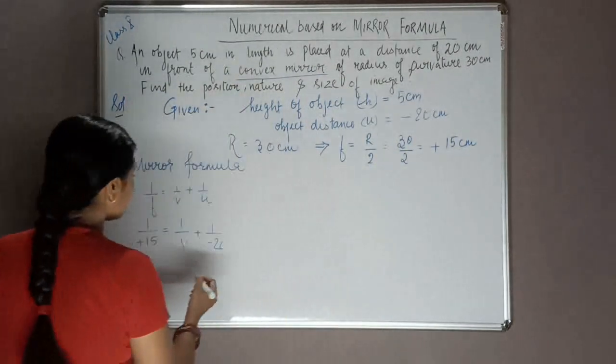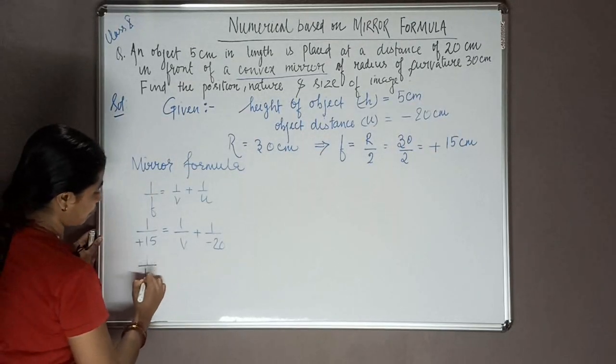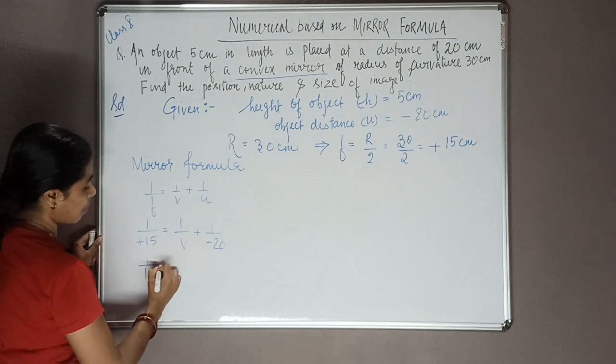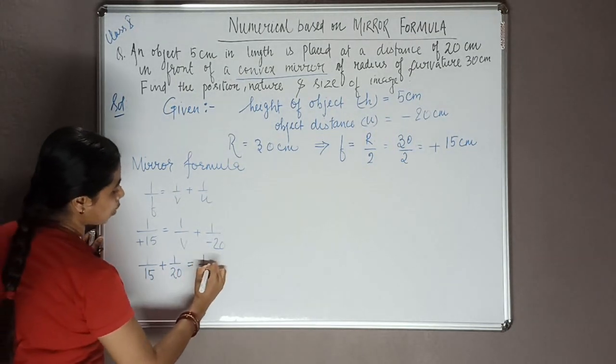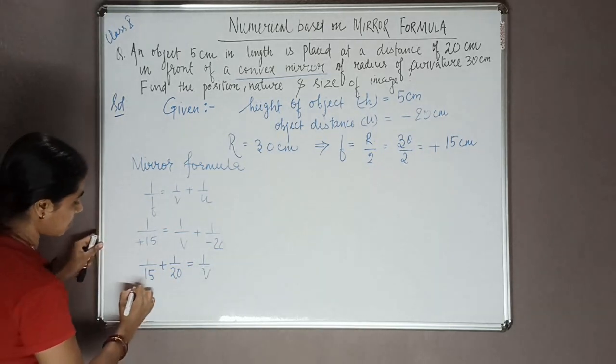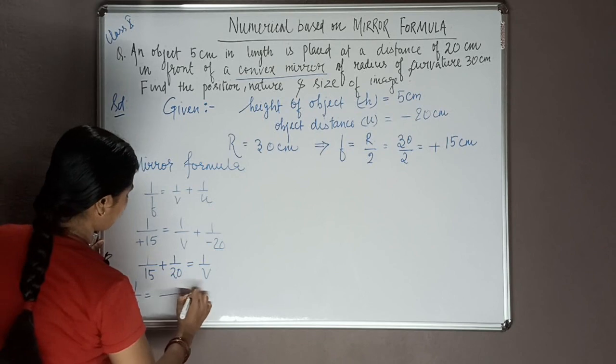Now while solving this, we will take this 1 by 15. This is minus, so here it is coming 1 by 15 minus 1 by 20 is equal to 1 by V. So 1 by V is equal to, it will be 15 into 20.